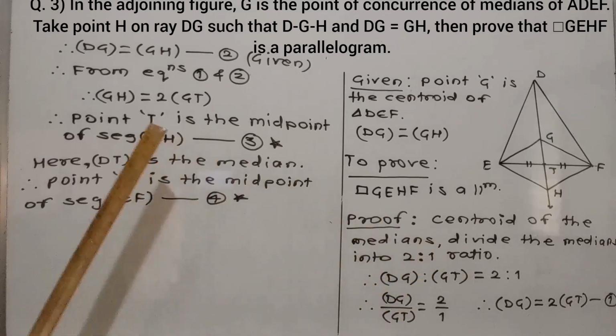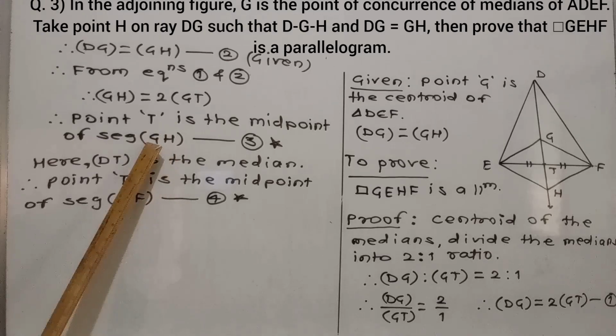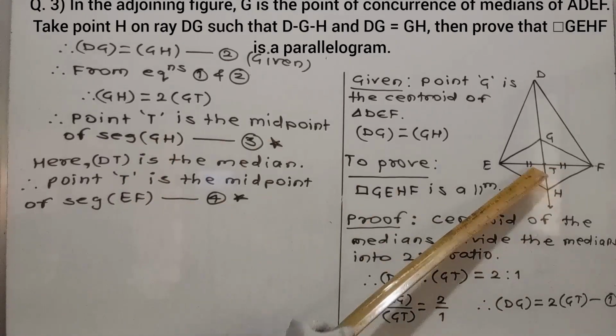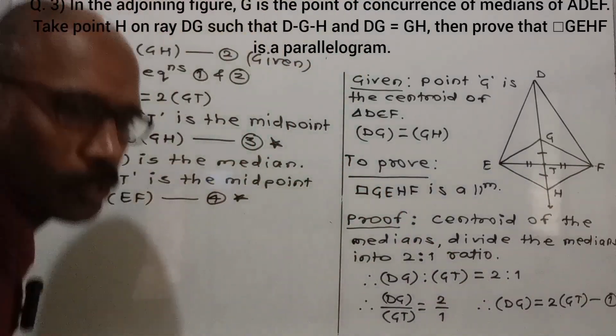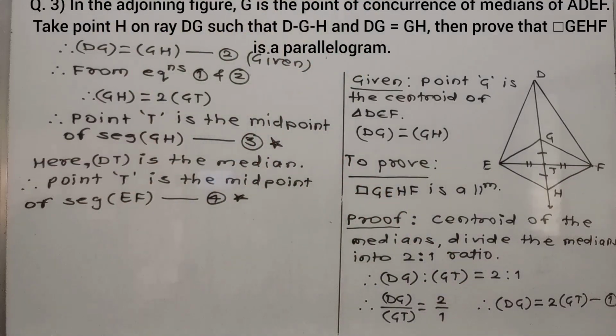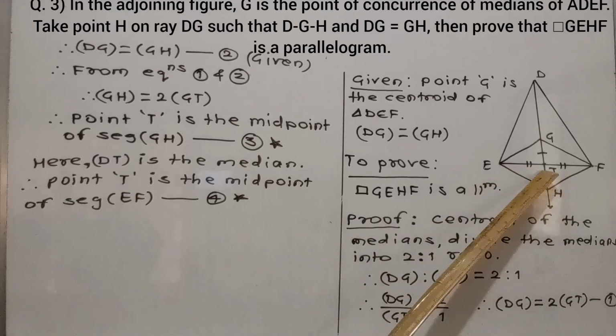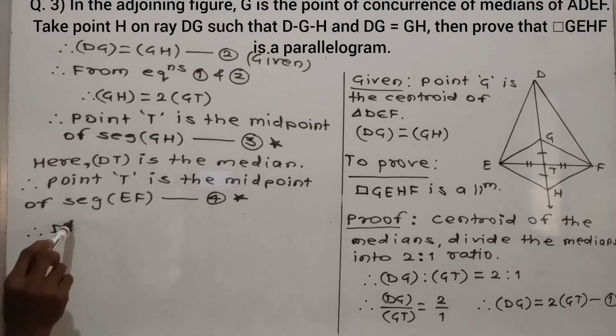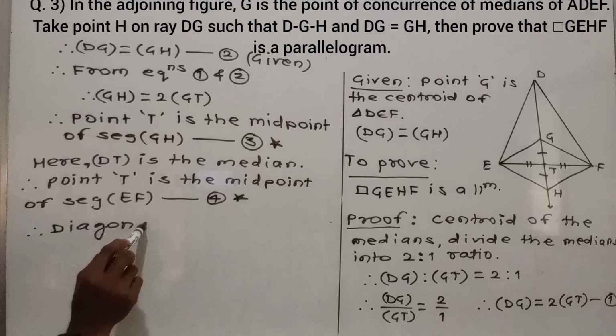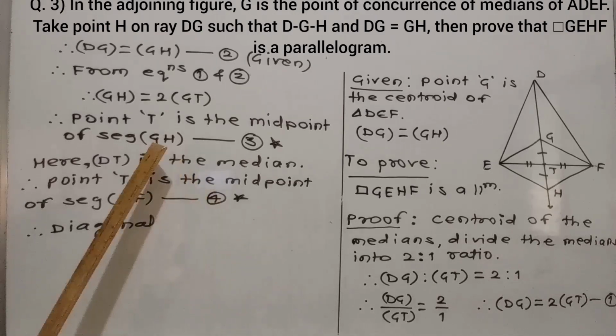Now see this. T is the midpoint of segment GH. Therefore, GT is equal to HT, and T is the midpoint of EF. Therefore, ET is equal to FT. Therefore, what do we write? These are diagonals, no?